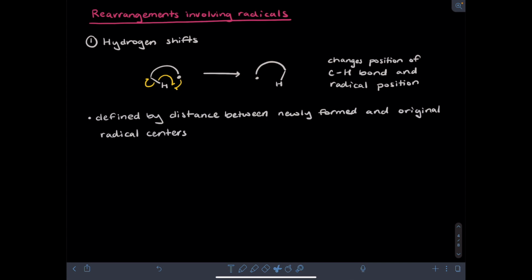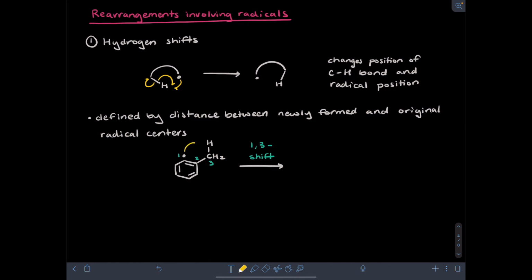In terms of the terminology for these hydrogen shifts, these are going to be defined by the distance between the original and the newly formed radical centers. One common type of hydrogen shift is a 1-3 shift. In terms of numbering, you number from the carbon radical to the CH bond, and then you would draw the 3 curved arrows.